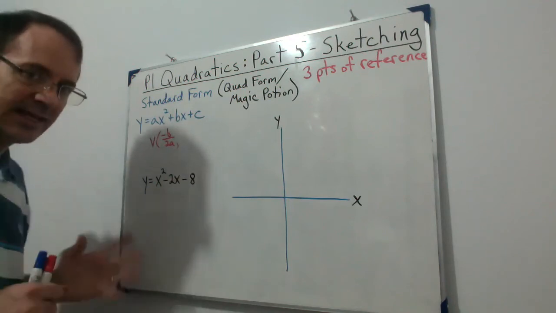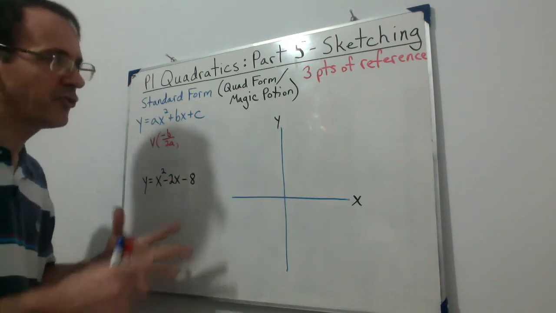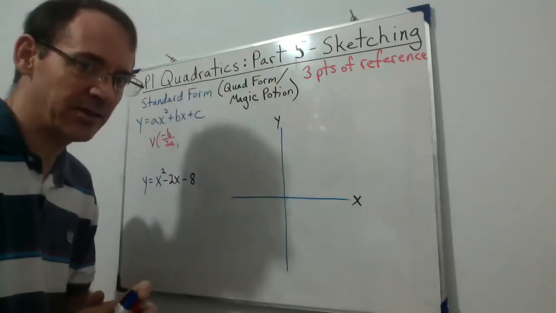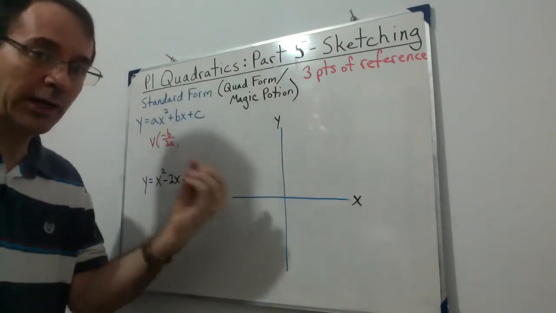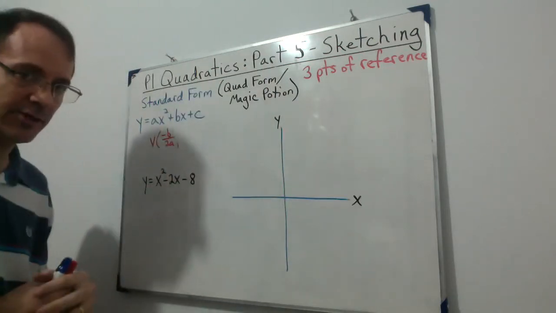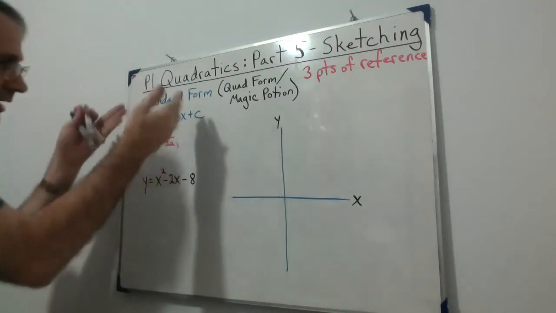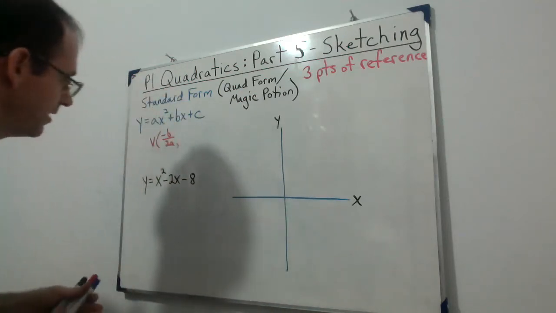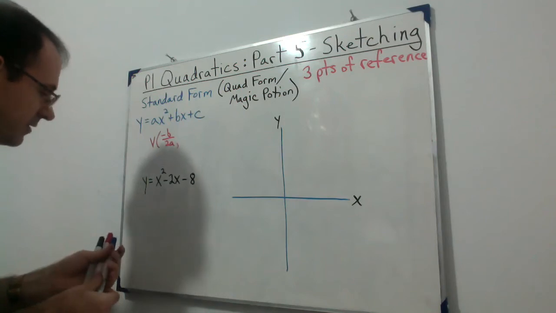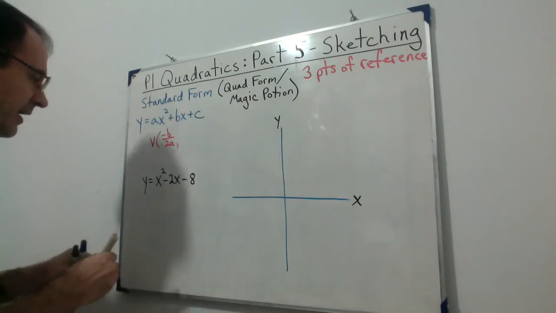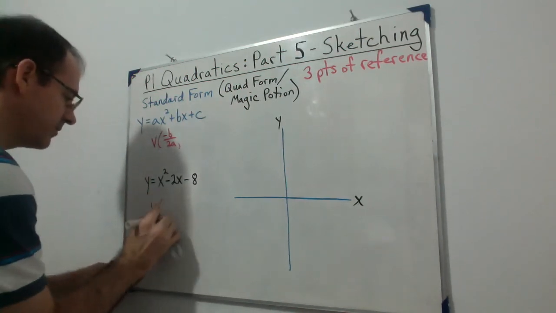I've used nice numbers so that you can learn how to find the 3 points of reference quickly from each of our 3 forms of the equation. So when we look at this, we want to identify the x coordinate of the vertex.